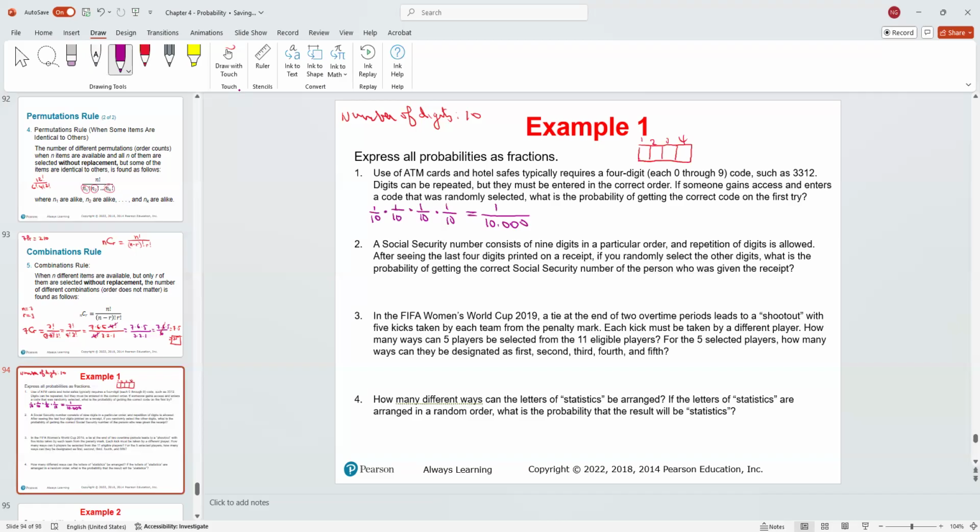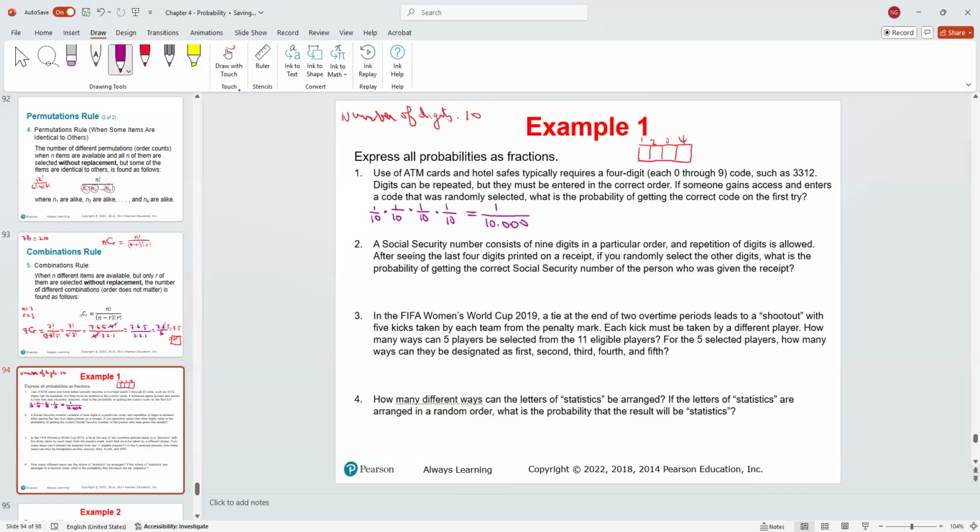All right. And of course, we can do the same for number 2, because number 2 said the social security number consists of 9 digits in a particular order, and repetition of digits is allowed.